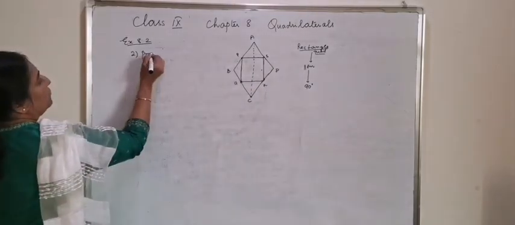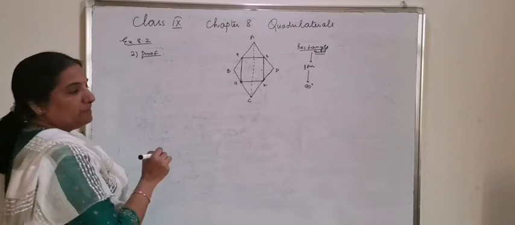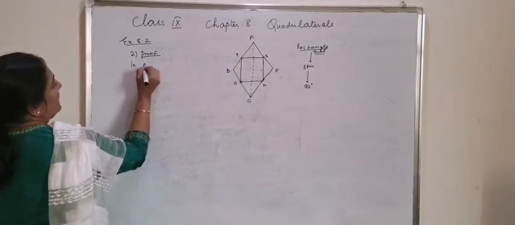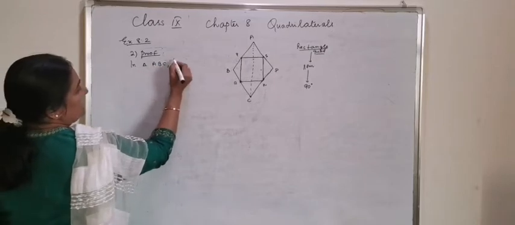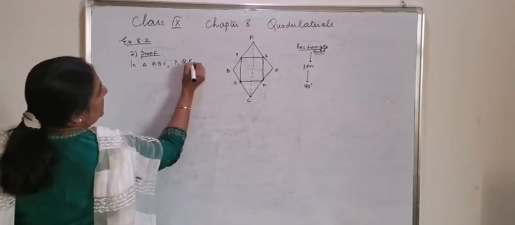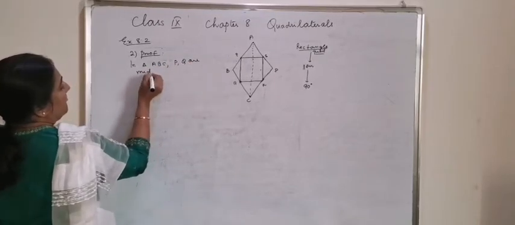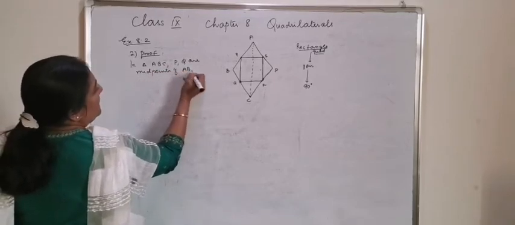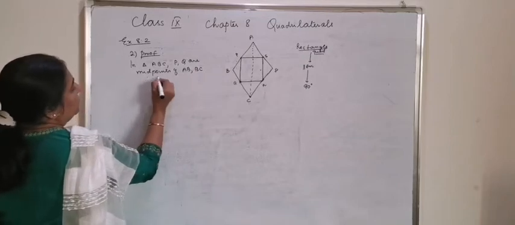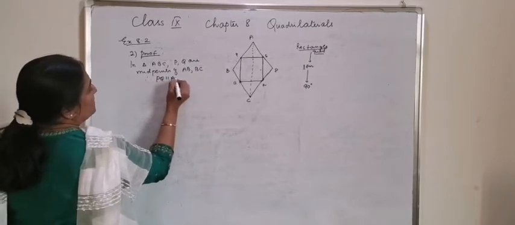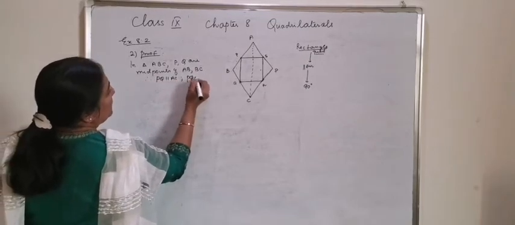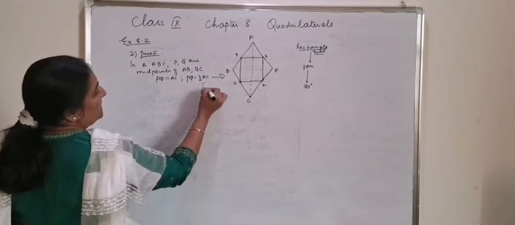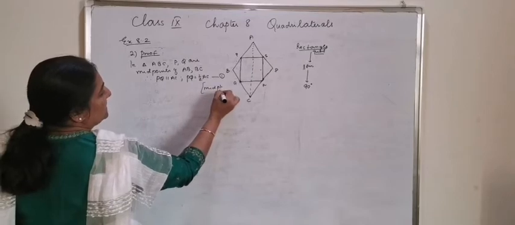So the proof, as we did in the previous problem: in triangle ABC, P and Q are midpoints of AB and BC. Therefore, PQ parallel to AC and PQ is equal to half AC, equation number 1, and the reason is midpoint theorem.